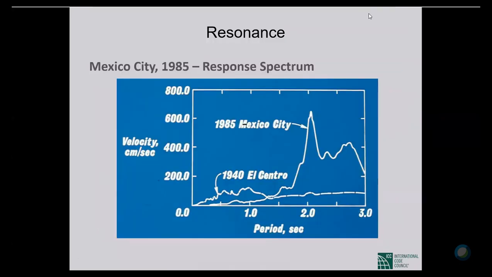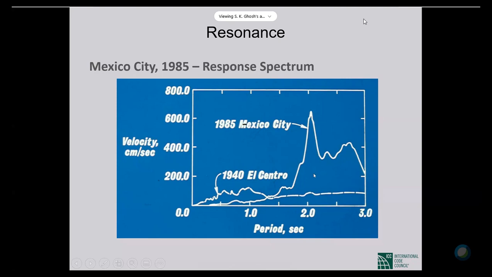The predominant 2 second period of the ground motion is very visible here. On the y-axis is spectral, well, let us say the velocity of the ground. In this particular case it does not make any difference what response quantity we look at. On the x-axis is period.